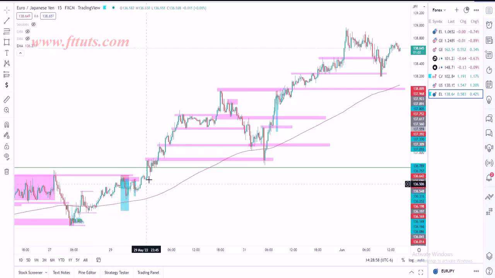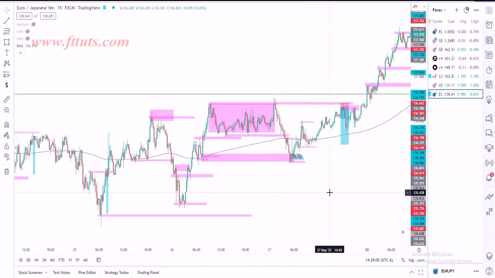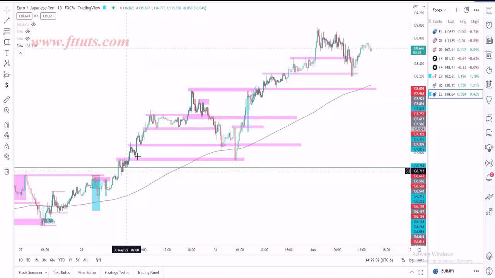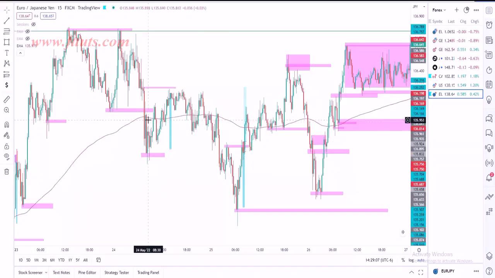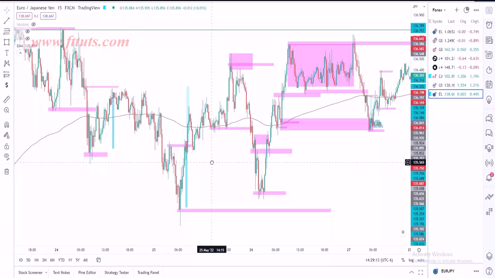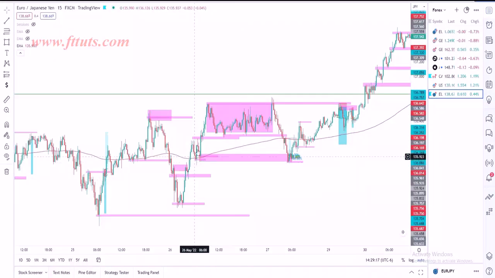Don't be like, okay, price just broke above the 200, we're in an uptrend. Because as you can see, right here, price broke above the 200, and look what happened. It just curved right over and went down. Right here, price broke above the 200, and then it just went right through. Right here, price broke above it, and then all it did is consolidate and have a downward move.